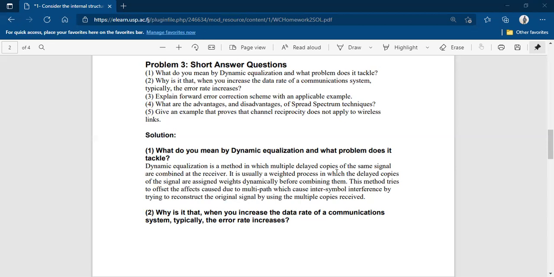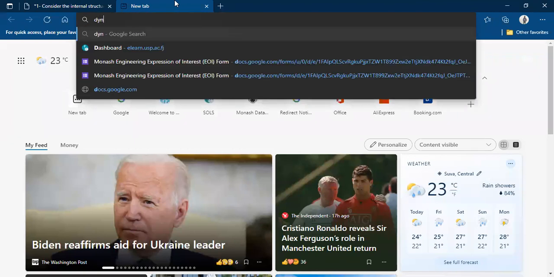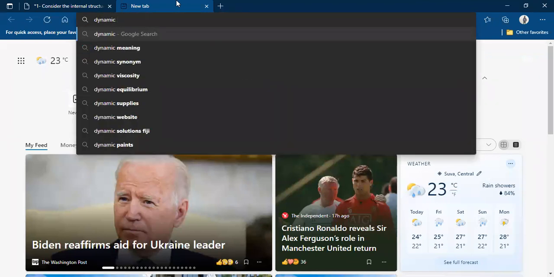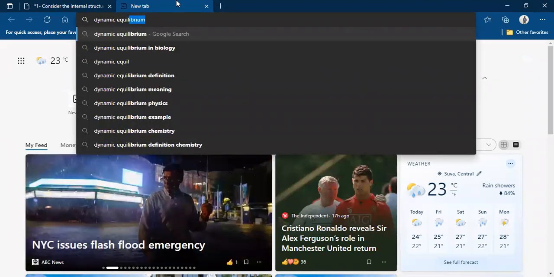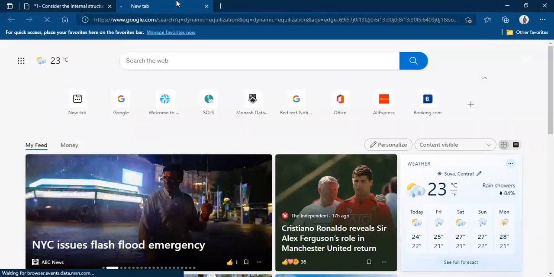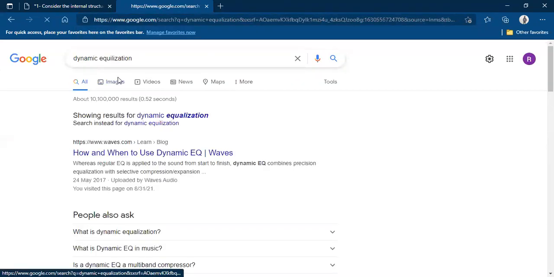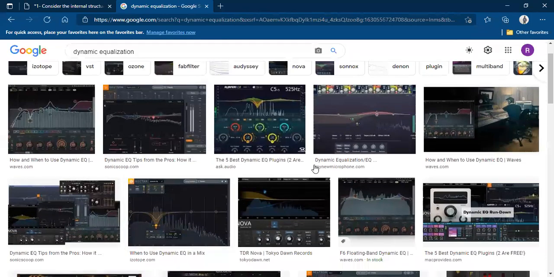Let me quickly show you an example. Let me go and search it up on Google. Dynamic equalization, so that you can understand what I mean.